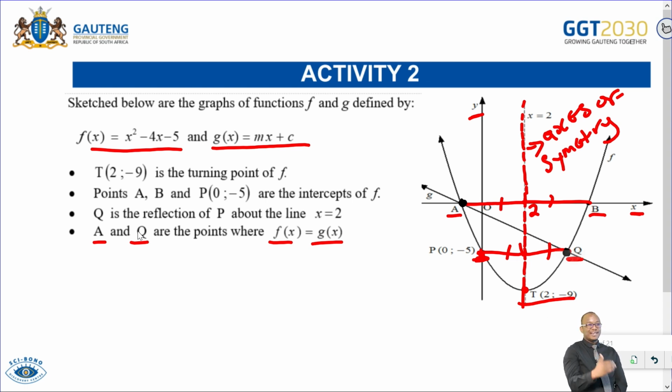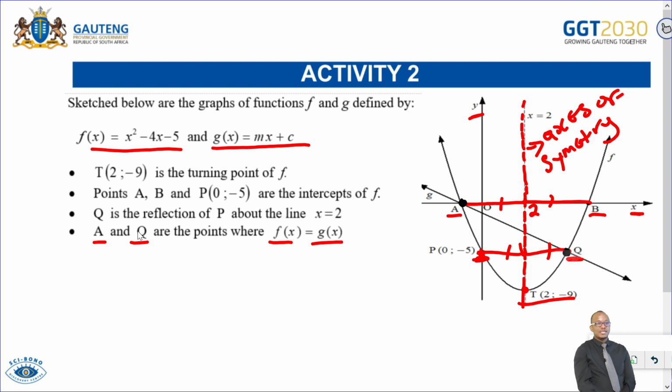So by reading the statement and interpreting it from the graph, that's what learners should do when they answer this type of question. Read the statement, interpret from the graph, and indicate what you know, like your axis of symmetry, and then interpret how it works. A and B are the x-intercepts, P is your y-intercept, and you are also given the turning point.